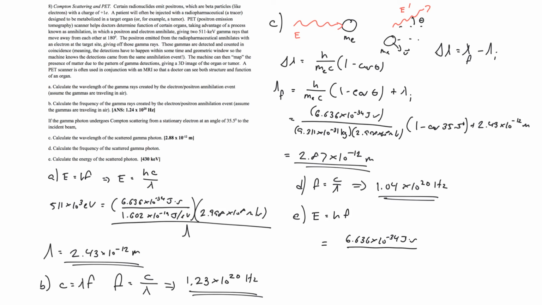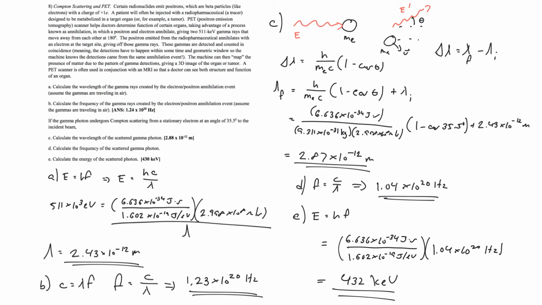Again, I gave you the energy in eVs as the answer, so let's convert right away to eVs. And so we should get, when I did this, 432 kilo electron volts. Okay, so lower energy photon that's scattered off that electron.